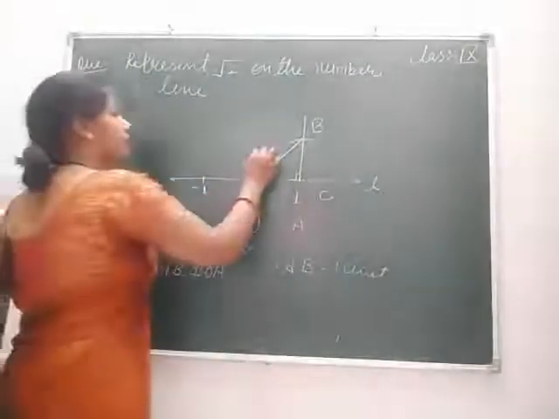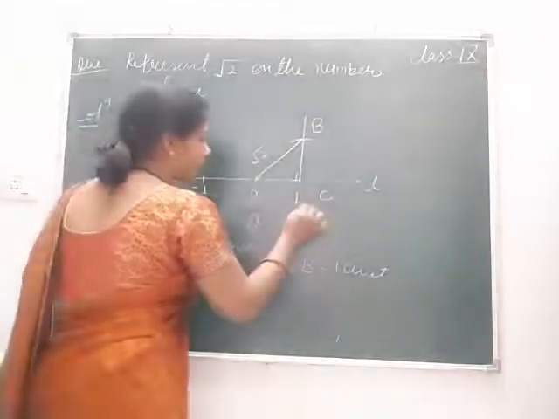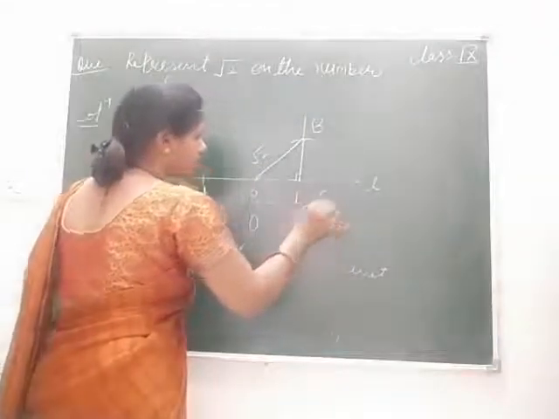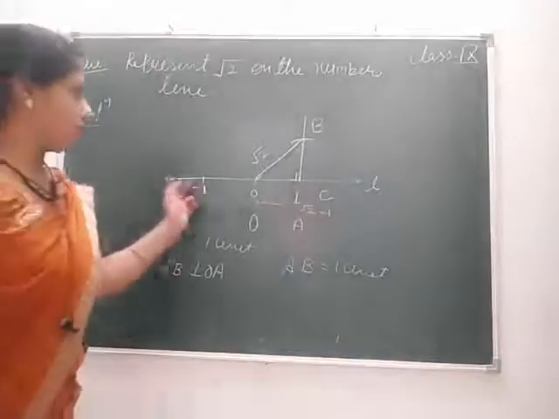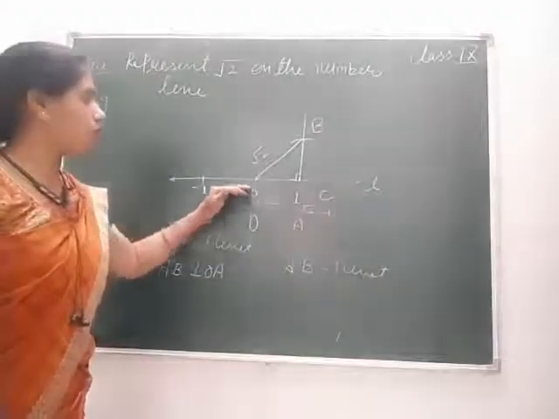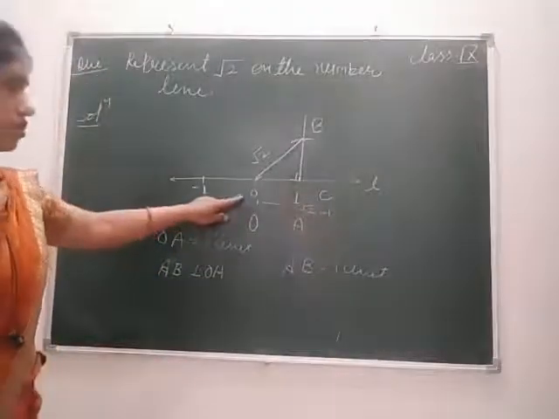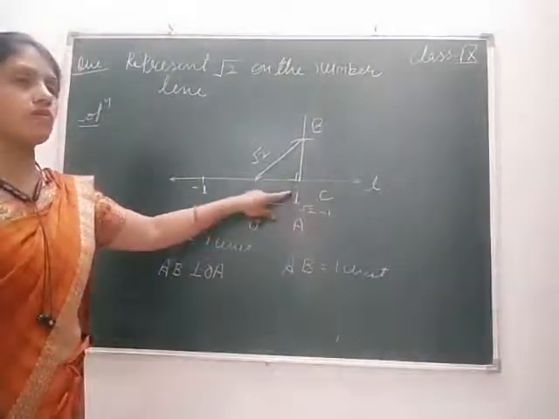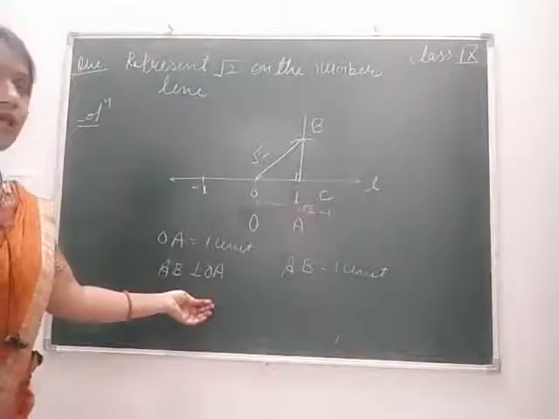OB is the represent of the root 2 and OC is also the represent of the root 2. Means we take the number line L and indicate the point O, 0, 1 and -1. O is the represent of the 0 and A is the represent of the 1. Take AB is the perpendicular to OA.